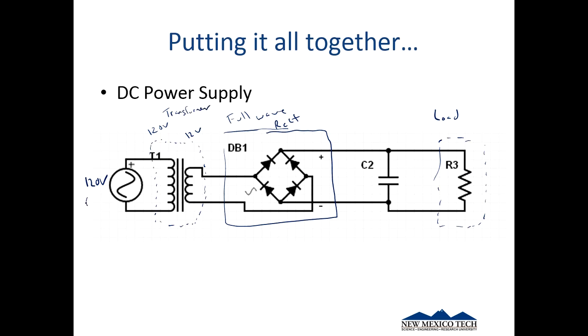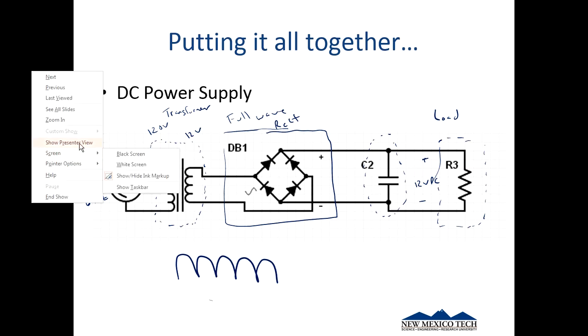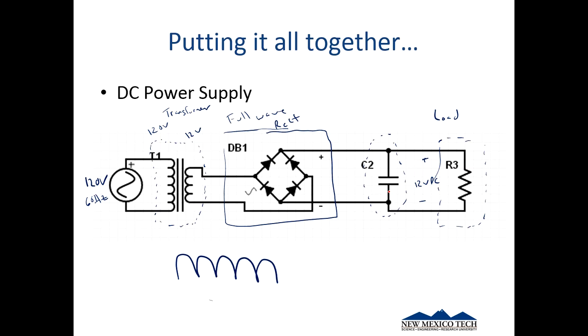And this is 60 hertz, and this out here maybe is 12 volts DC. Okay, now this piece in here, if you remember from our last slide, we had this pulse train coming in, right? And it's close to DC, but not quite perfect. So what we can do, switch options here again, in color red. We put this capacitor in here, and this is sometimes called a smoothing capacitor.